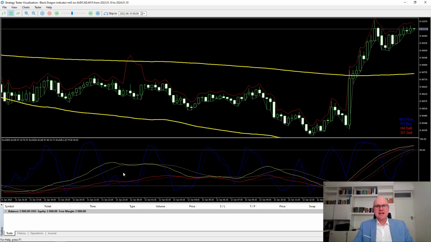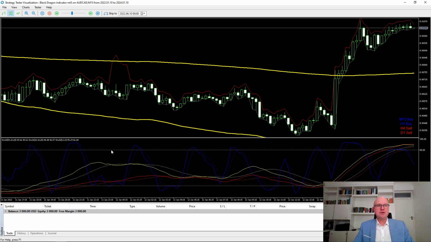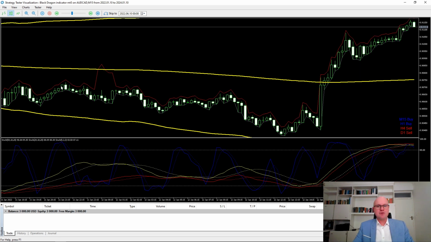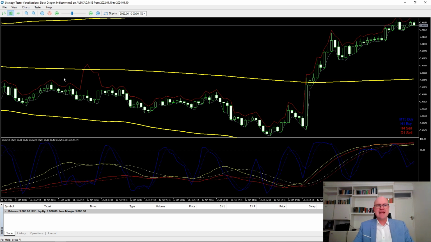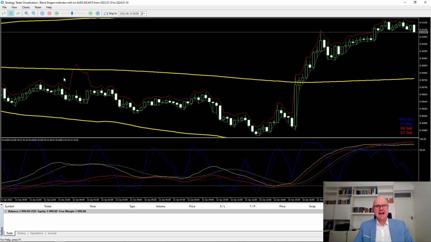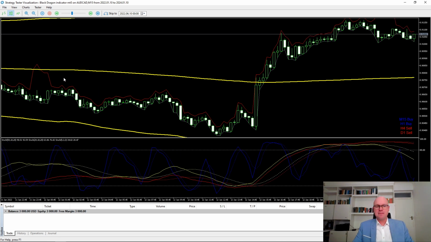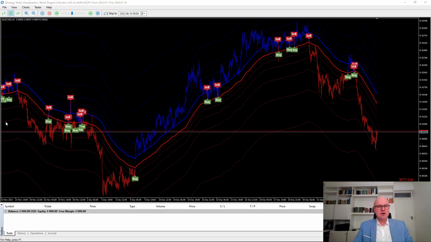Now, the two indicator strategy on the 15-minute, in my opinion, generates too many signals. So what I am going to do is alter the way that the robot trades and use the hourly time frame as my trading filter. Now, this is something that I've used on multiple live accounts and it gives you a much higher win rate with fewer false signals.